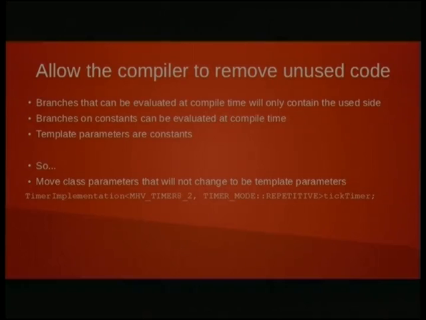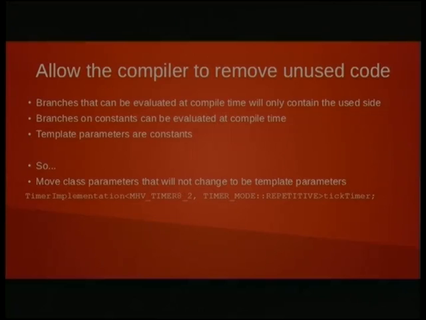Basically, it comes down to this: for a branch that can be evaluated at compile time, the compiler will simply discard the unused bit of the code. So if you can pass the condition of your branch in as a constant, then you can cut down the amount of code usage.